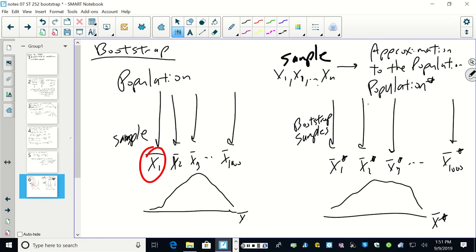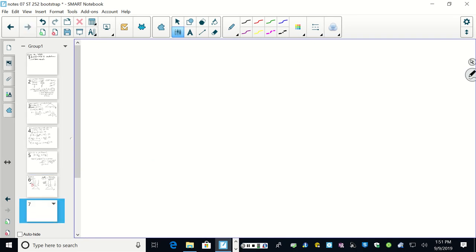And so how do we do that exactly? So we have our sample of data, our one sample. We are going to treat this like it's the population in a way, or representative of the population.